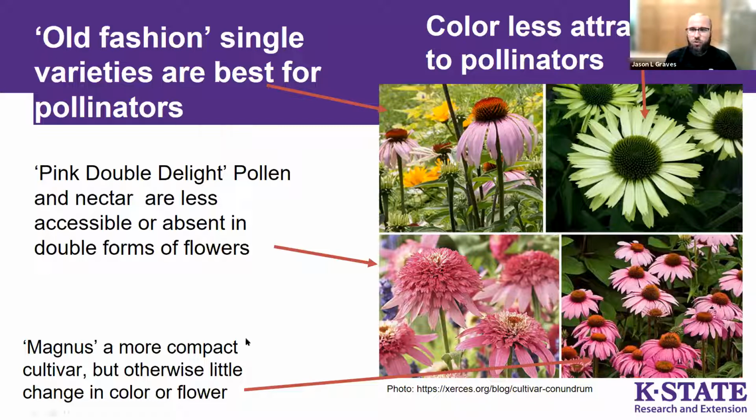And so, of course, we would expect that Magnus, a shorter variety that still has the color and the shape, would still be a good pollinator plant. So there may be cases where selections of plants are still going to be very viable as cultivars, but it's always good to do your research and learn about the plants and the cultivars that you're selecting.